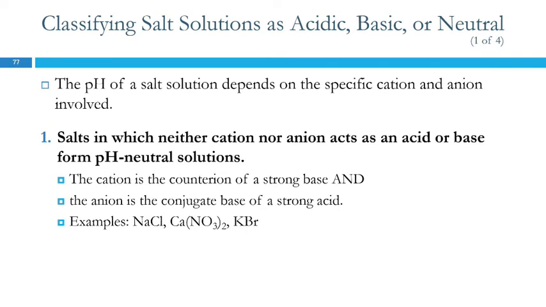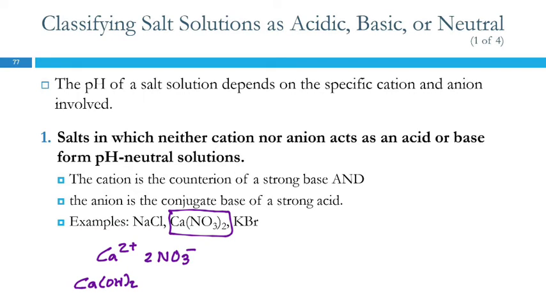Let's just look at this guy. What ions does that form in solution? Calcium and NO3 minus. Yeah, it does make two of those. Is this the counterion of a strong base? That would be put OHs on it.